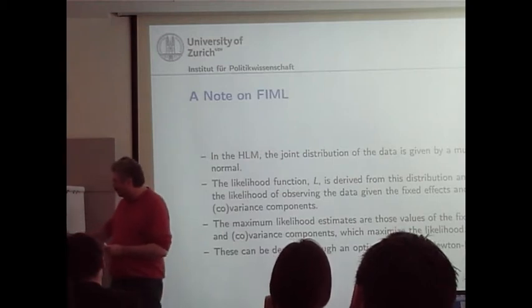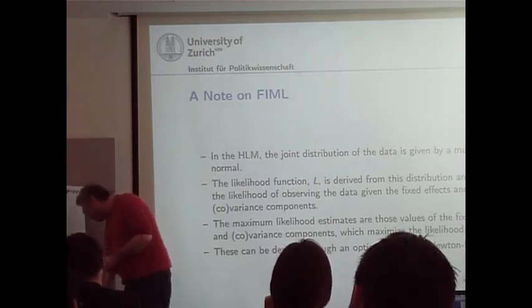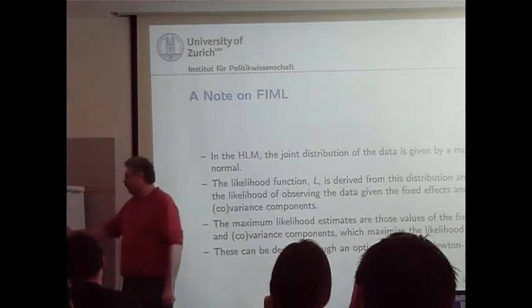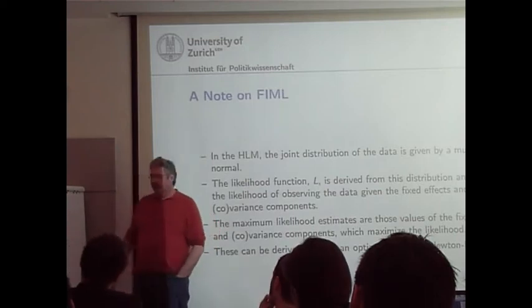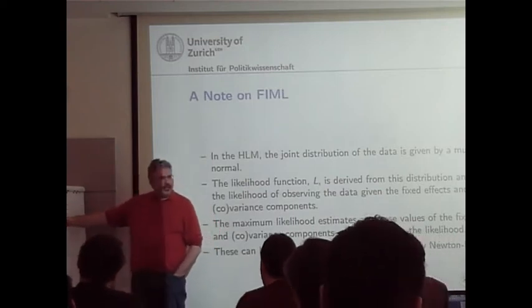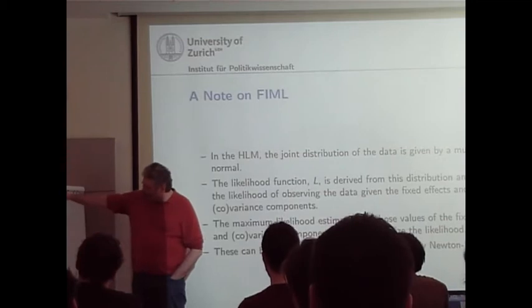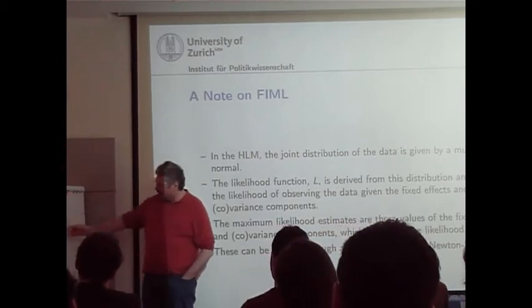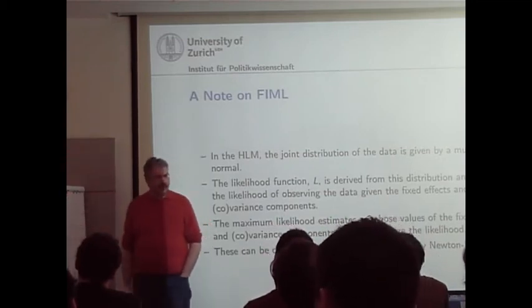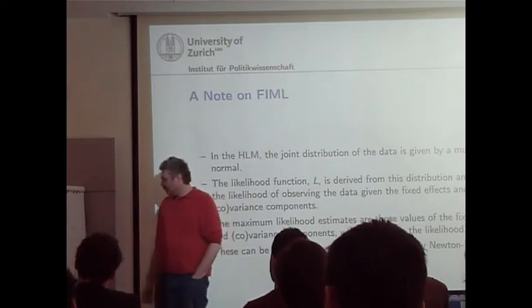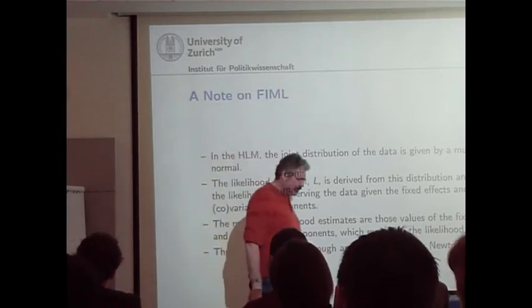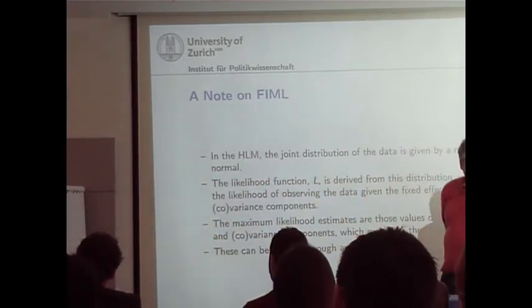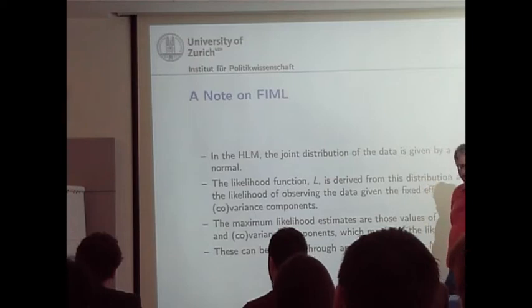There's this normal distribution here, and there's that normal distribution here, drawn with a different value of the mean and the variance. This is a low mean and a low variance. This is a high mean and a high variance. And I ask you, which of these two distributions is more likely to have generated these three data points? What would you say? The blue one or the red one?